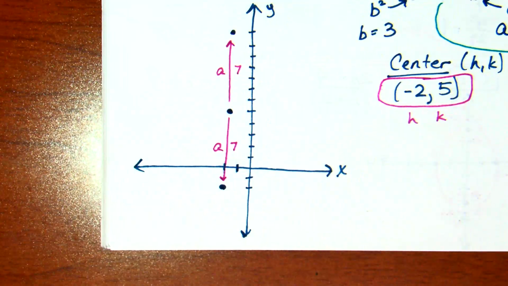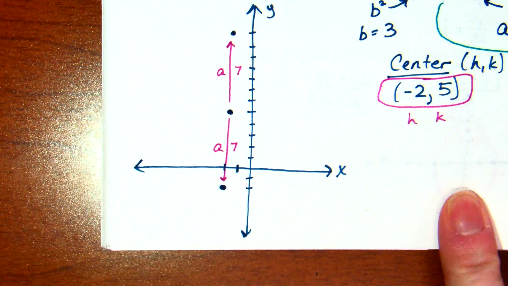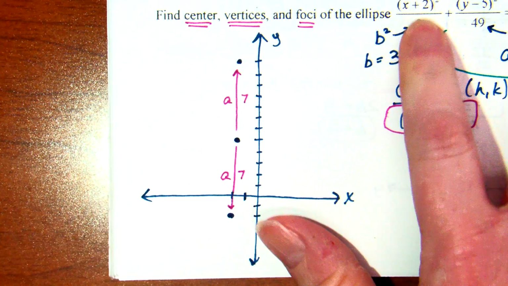So A, because it was under Y, told me how far to go up and down. How do I know how far left and right to go? Good guess, the B value. The B value takes you to the end of your minor axis. Notice in this problem, my B of 3 comes from being under the X. Which way do X's run?